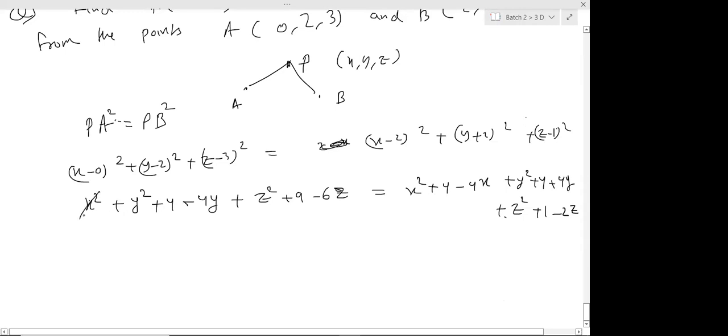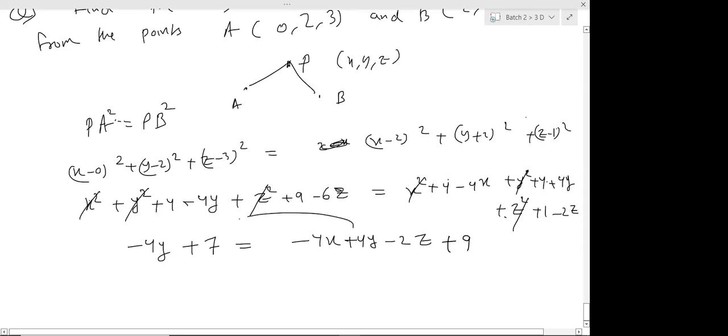So x square, y square, z square are cancelled on both sides. What is left here? Minus 4y and 13 minus 7 plus 7 is equal to minus 4x plus 4y minus 2z and 4 plus 4 is 8 plus 1 is 9.